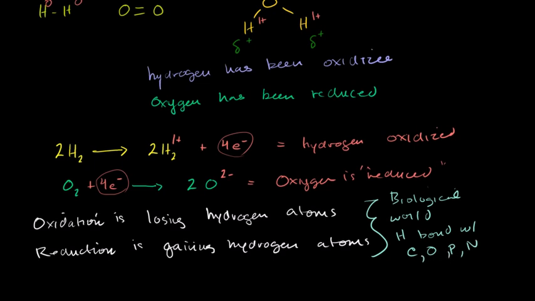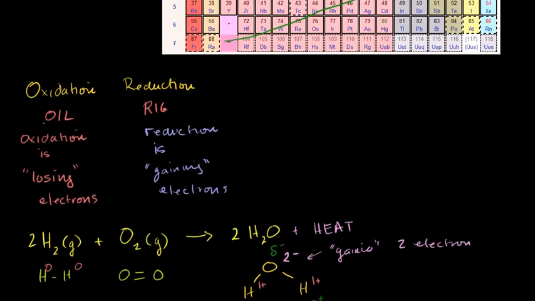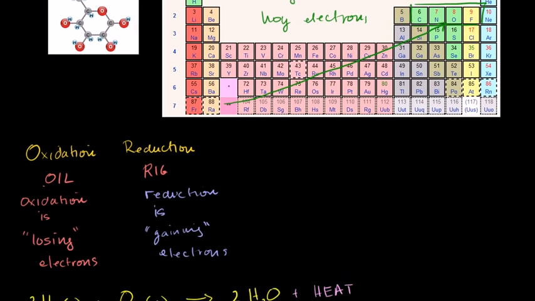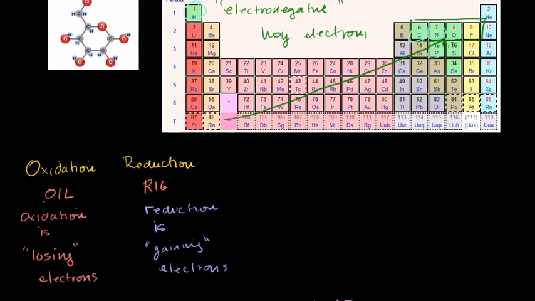And if we look at the periodic table, and we see where hydrogen is, and we see where carbon, nitrogen, oxygen, and phosphorus, and really all of this other stuff is, you see that the things hydrogen tends to bond with in biological systems are much, much more electronegative.